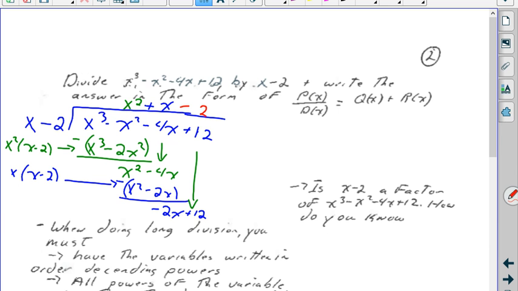So my next line here will be negative 2 times x minus 2, because I want to multiply that by everything here.